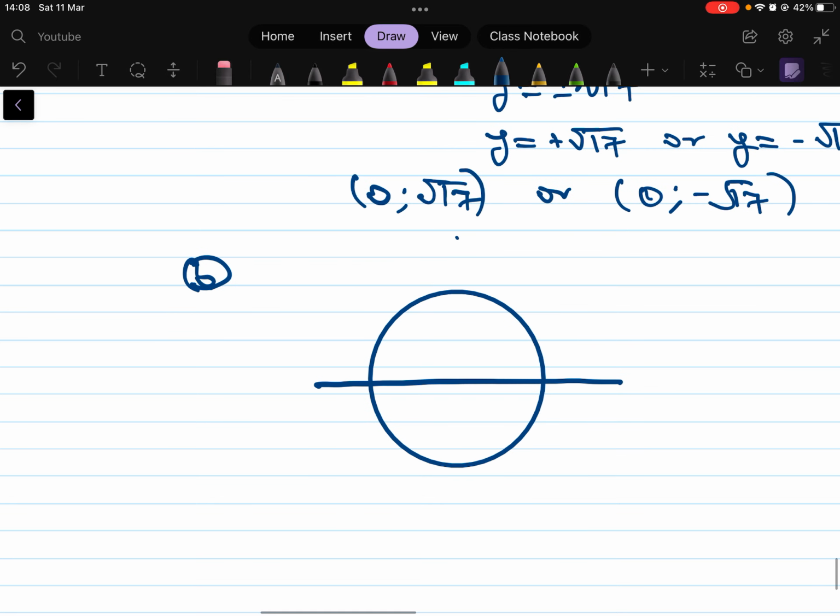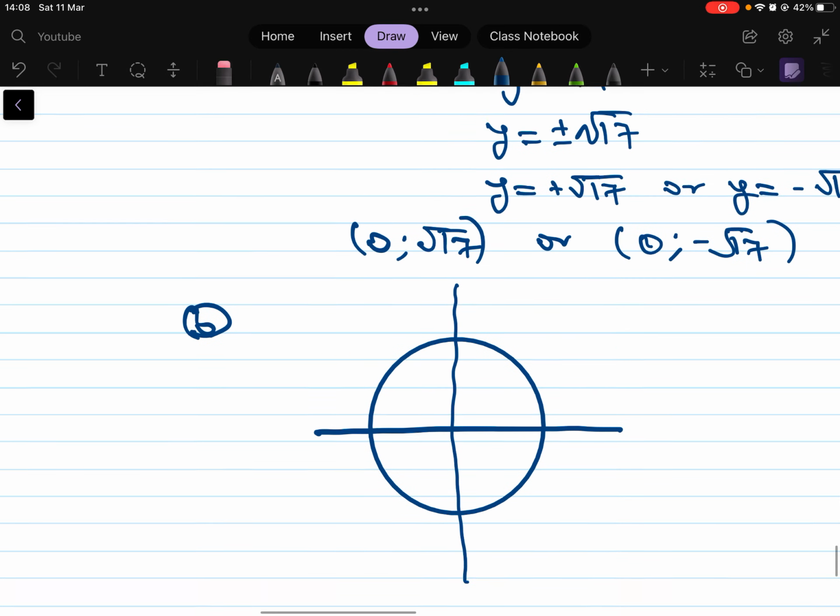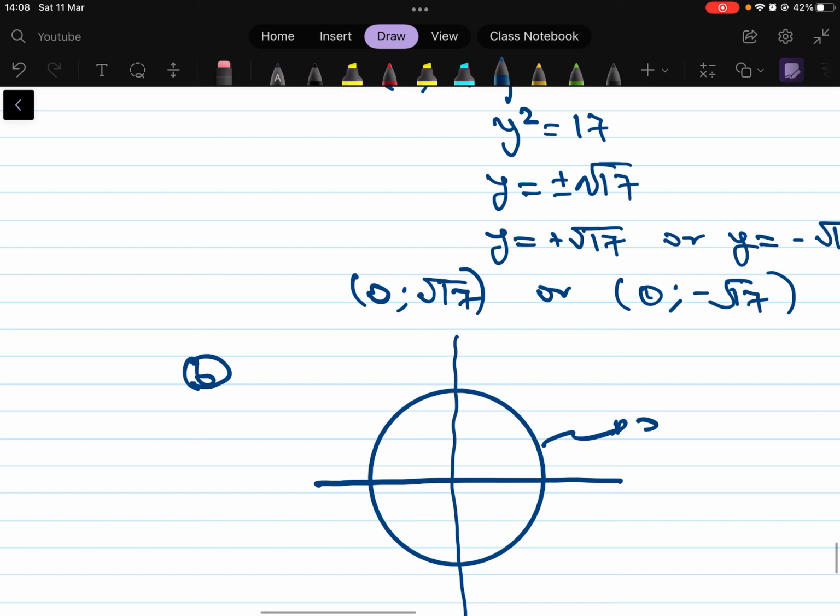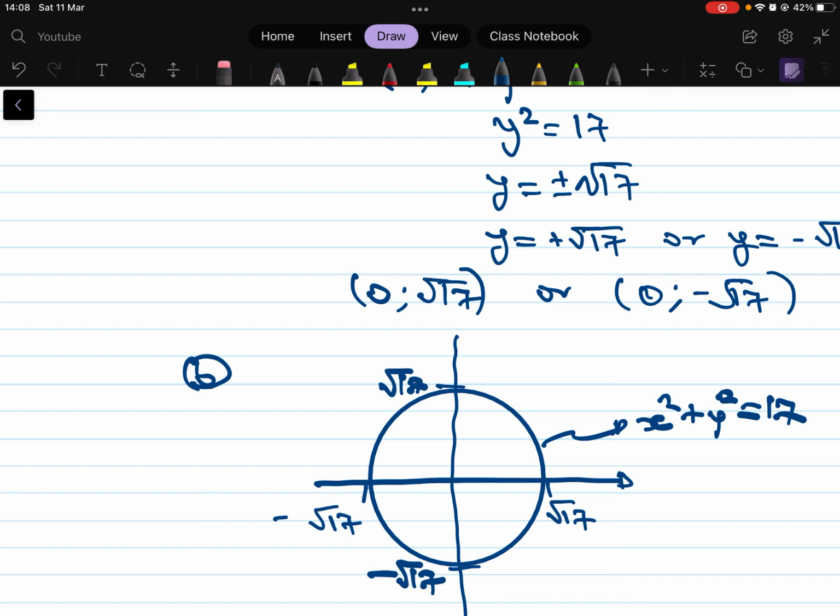The circle has its center at the origin, and the equation is given as x squared plus y squared equals 17. So we know that the x-intercepts are negative root of 17 and positive root of 17, similar to the y-intercepts, positive root of 17 and negative root of 17.